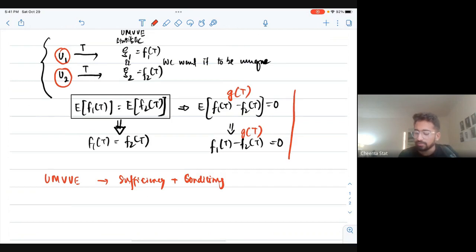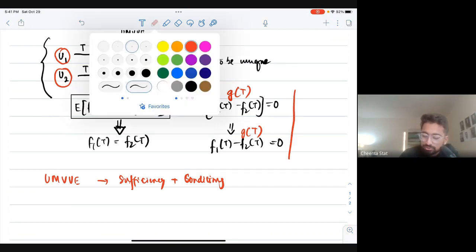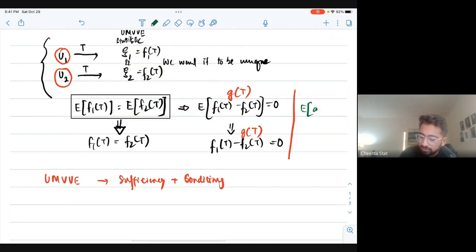So completeness goes like this: a function of T is called complete if, for all functions g, if the expectation of g(T) is equal to 0, then g(T) must be equal to 0 with probability 1, that is, almost surely.